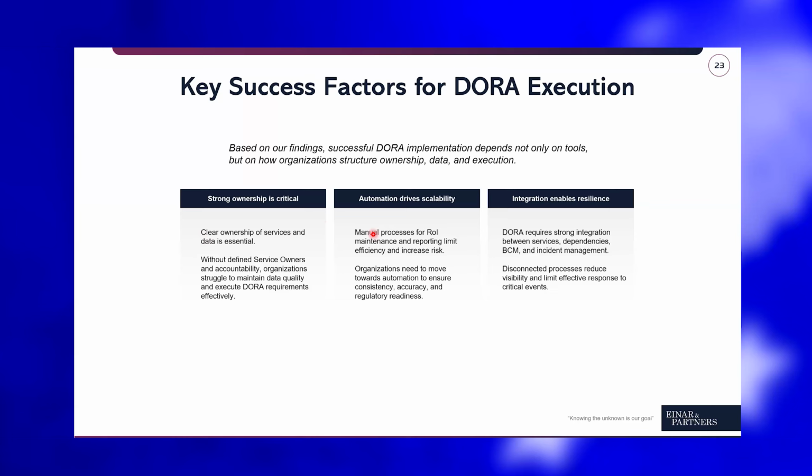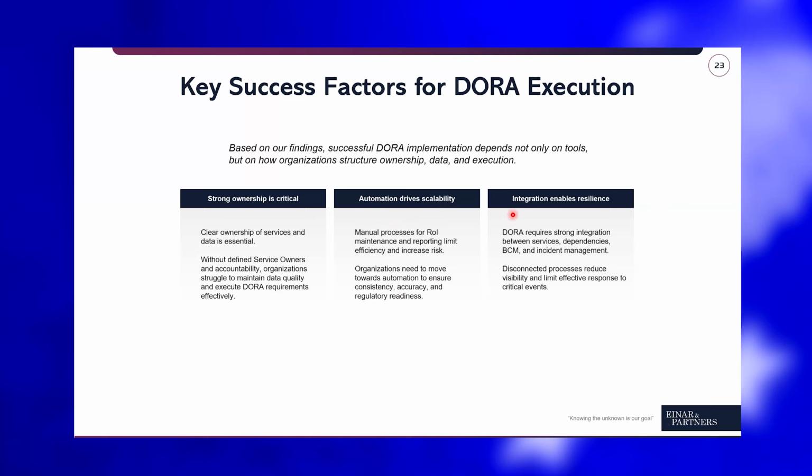functions. What we see is that automation drives scalability. Again, that may sound like a statement which sounds very obvious, but for the DORA register of information, moving towards automation, having that consistency, that is really what regulators ideally are expecting. And then integration enables resilience.